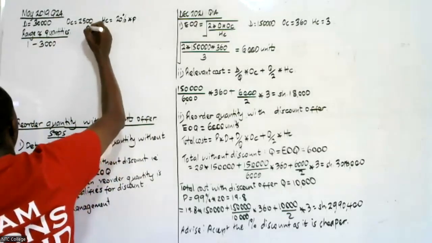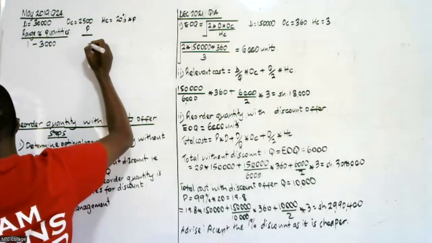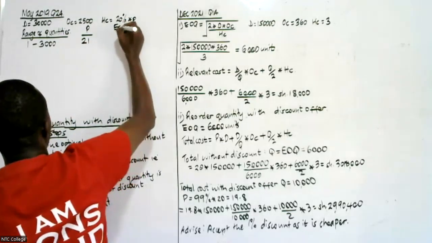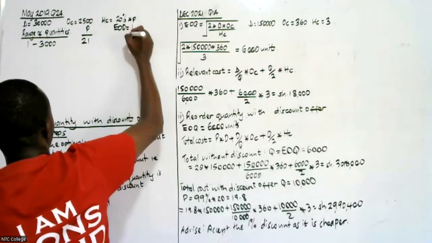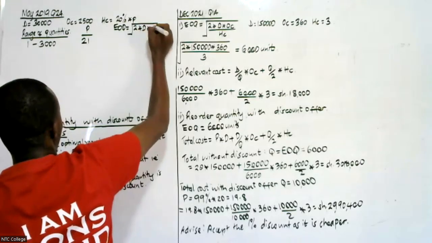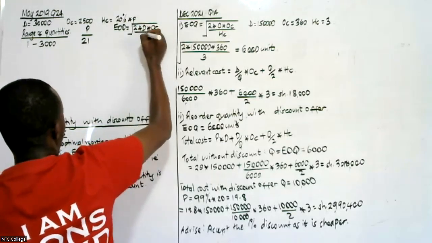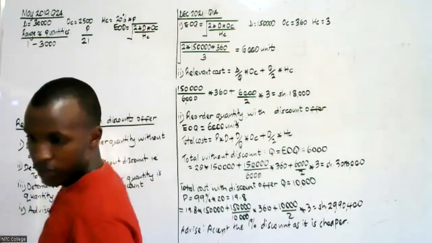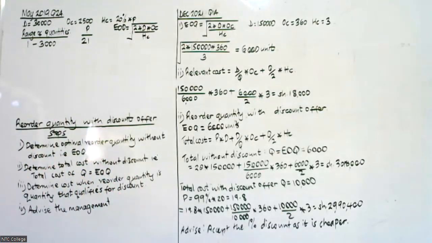You have your price, P. You want your EOQ.